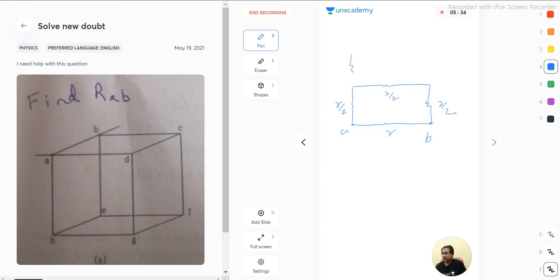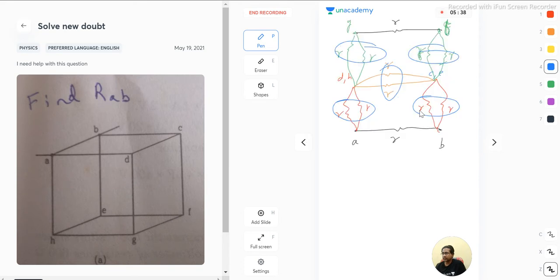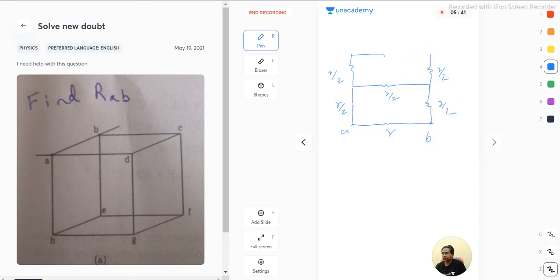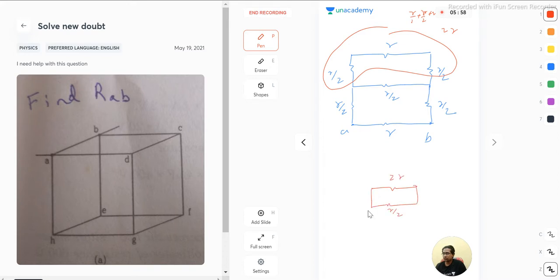Okay, this is R by 2, this is R by 2, and then we have this is R. Okay, so if we solve this, then these three are in series, so that means R by 2 plus R by 2 plus R. So this becomes 2R.